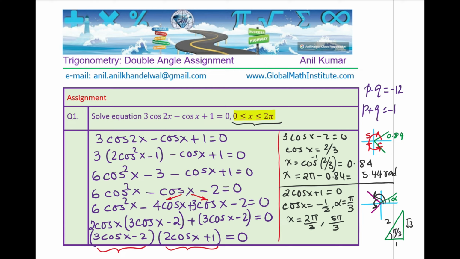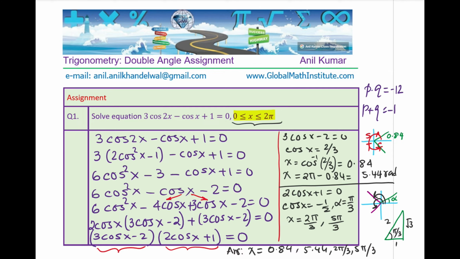We can write down our answers as x equals 0.84, 5.44, 2 pi by 3, and 4 pi by 3.